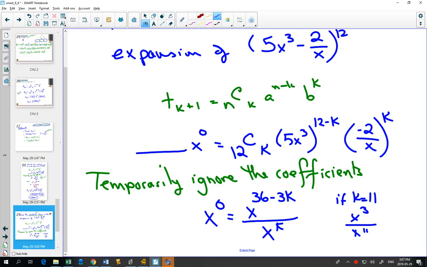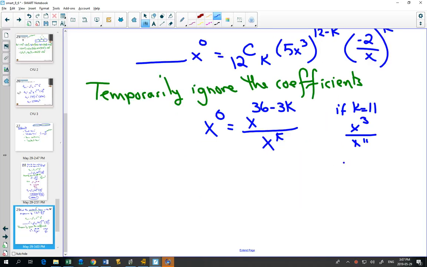So then someone says, let's try k equals 9. And we'll have 27, which will give us x to the 9 and x to the 9. And once you've guessed and checked a couple times, you get really good at it. So we now know that k is equal to 9.